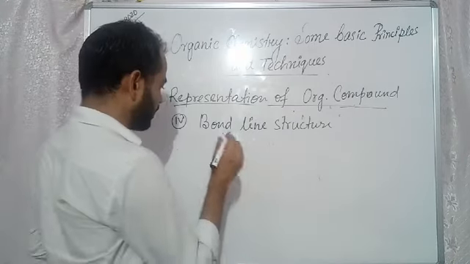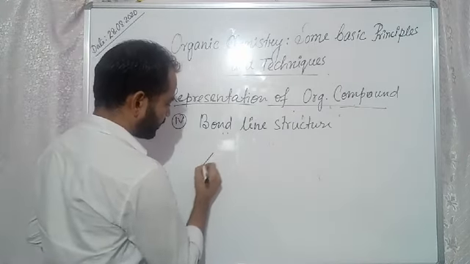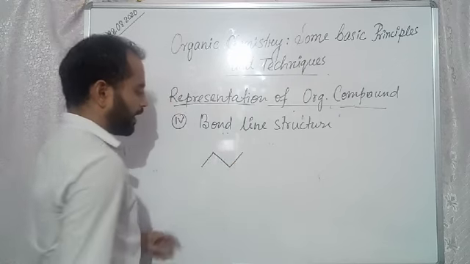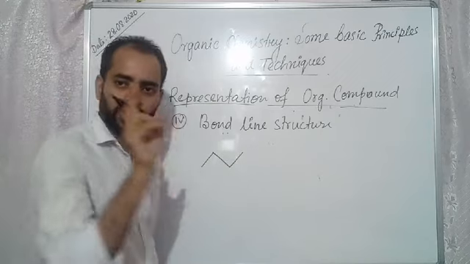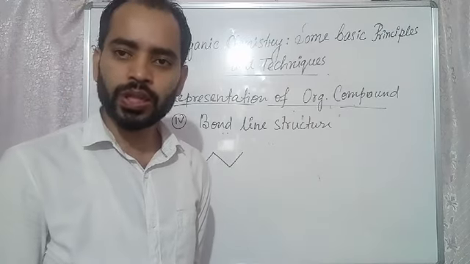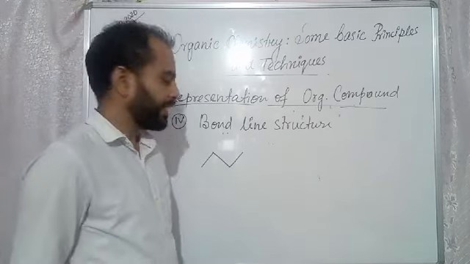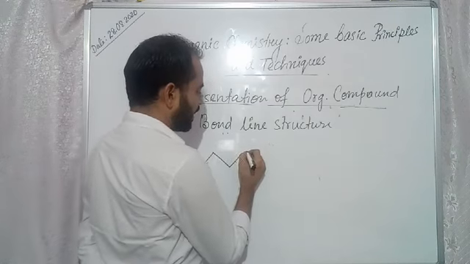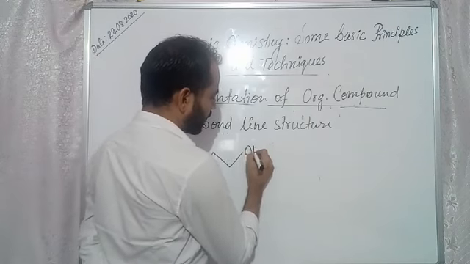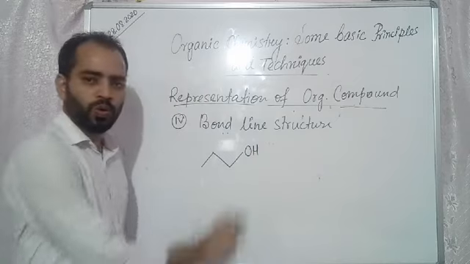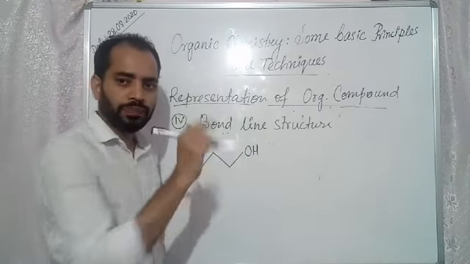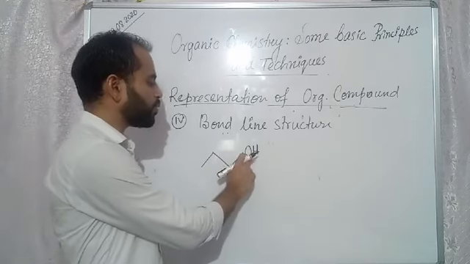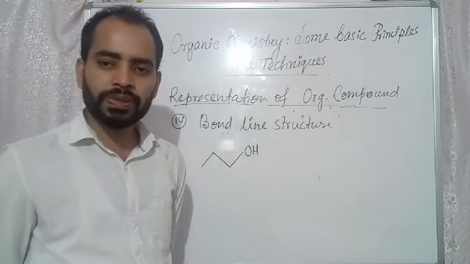One more thing you can see here. In bond line representation, if nothing is written, then we consider it methyl molecule, CH3 group. But if it is mentioned any other group other than methyl, suppose OH, then there is no carbon here. Then we have to consider what is written, that is OH. So OH represents what?